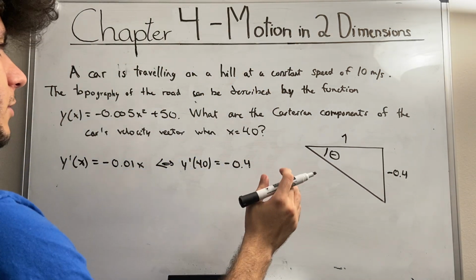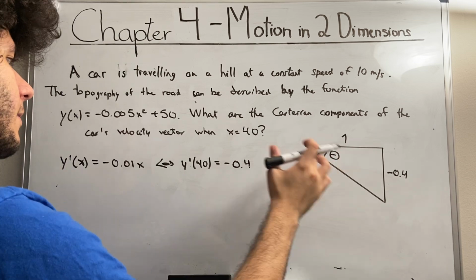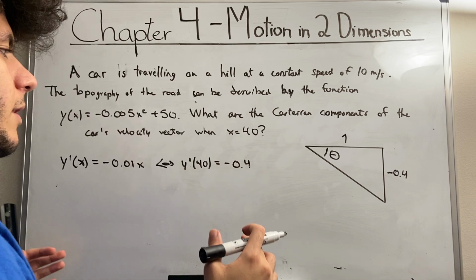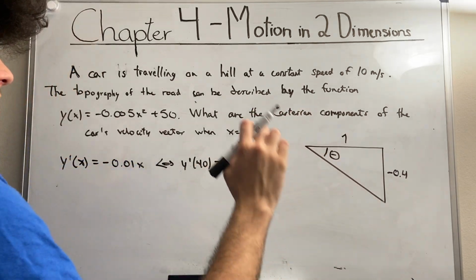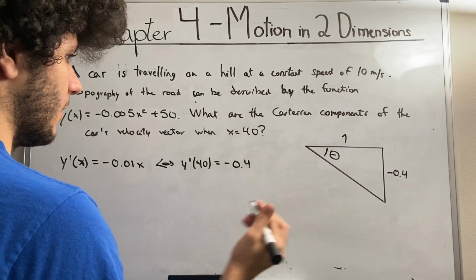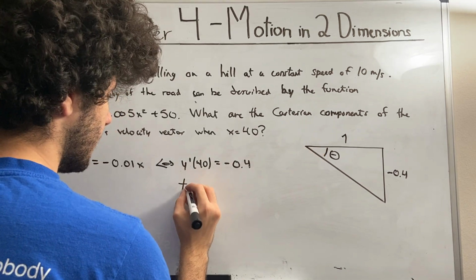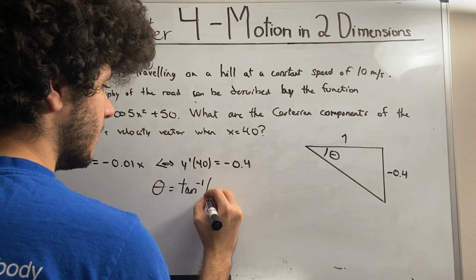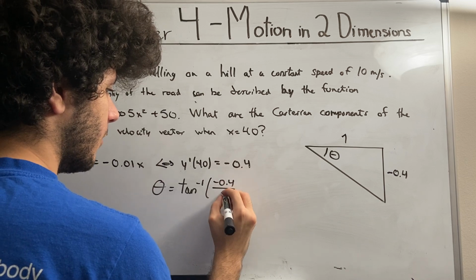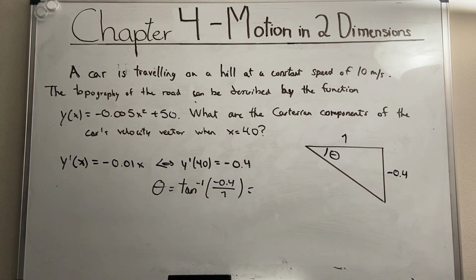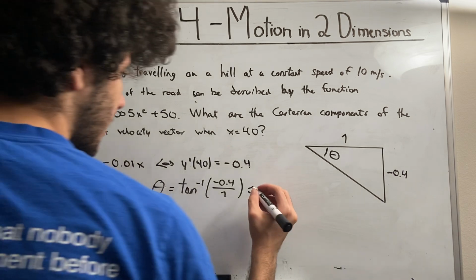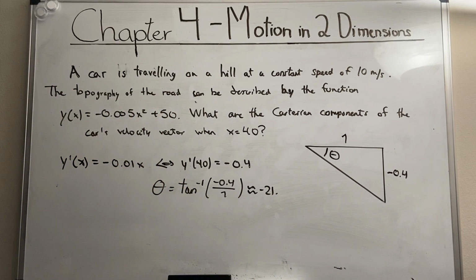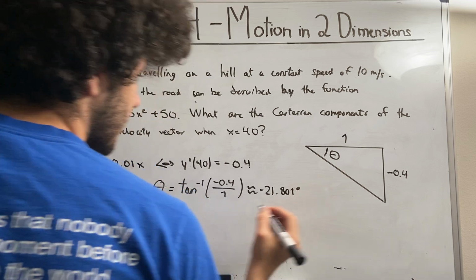And with this, we're actually able to find the angle that breaks down the x and y components for the velocity at that point, right? So if we use the arctangent, we're able to find the angle. We put negative 0.4 on top, and what we get is about negative 21.801 degrees, right?